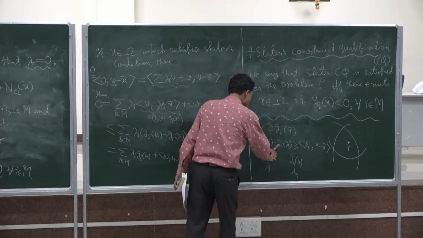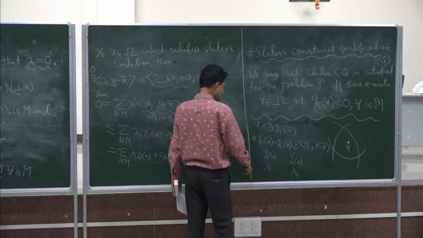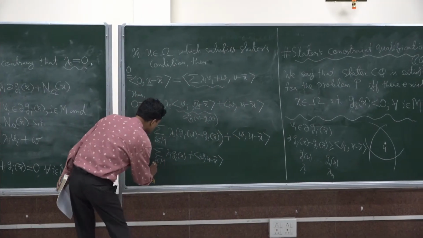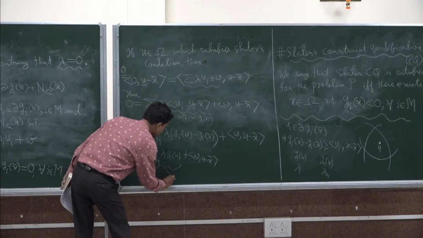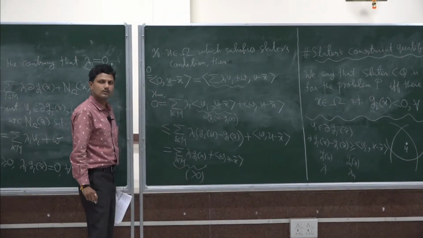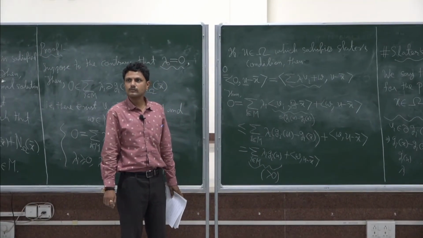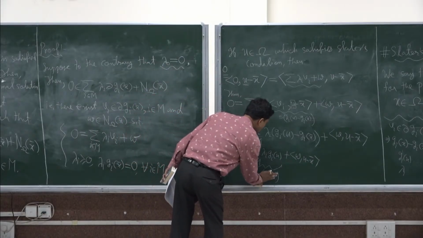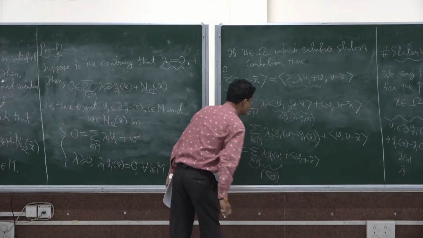So the product of that lambda i with gi will be strictly less than 0. So this term is actually strictly less than 0. Is it clear? Less than 0, right.